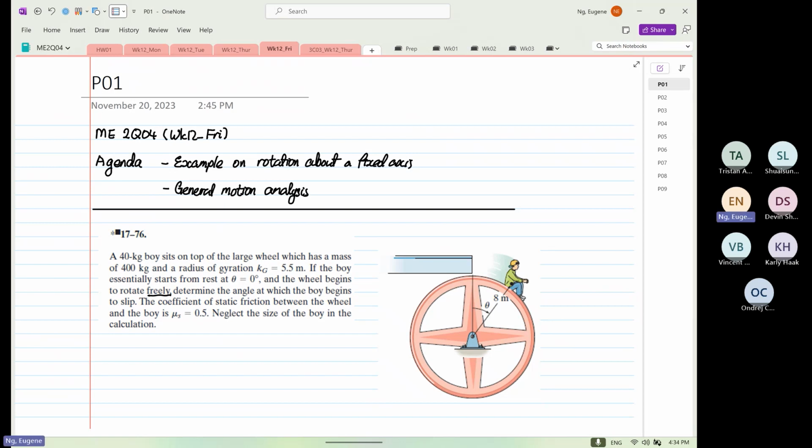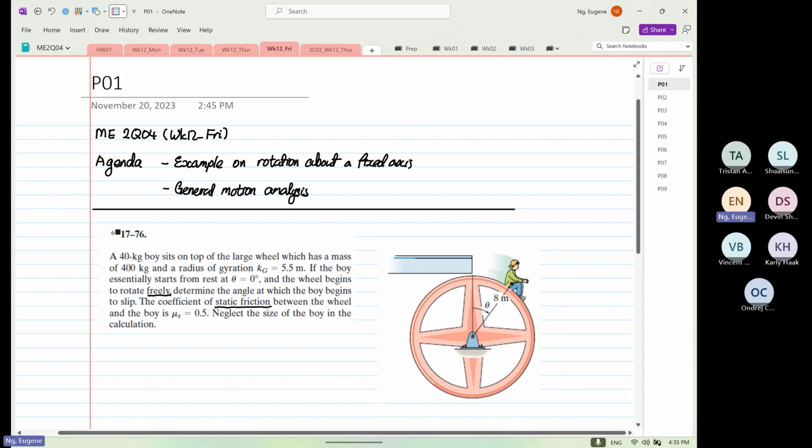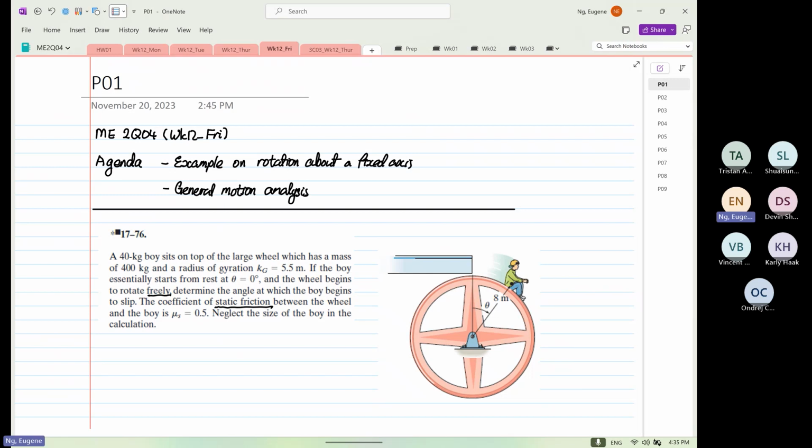The coefficient of static friction between the wheel and the boy is 0.5. We're going to neglect the size of the human in the calculation.